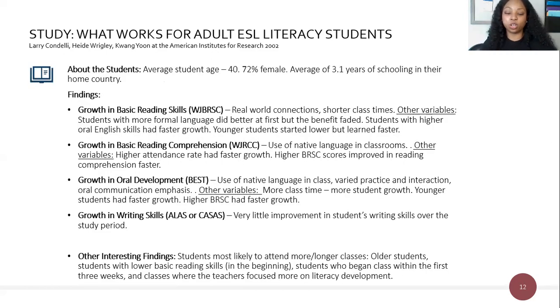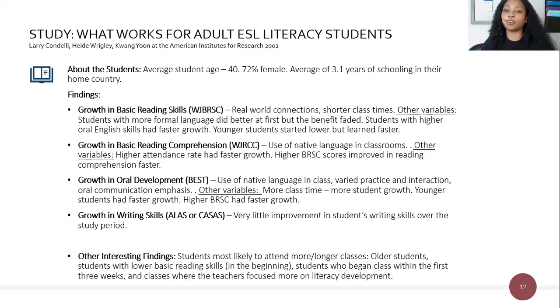What they found was that making real world connections, using native language in classrooms, varied practice and interaction, and an oral communication emphasis provided the greatest growth in basic reading skills, basic reading comprehension, and oral development.